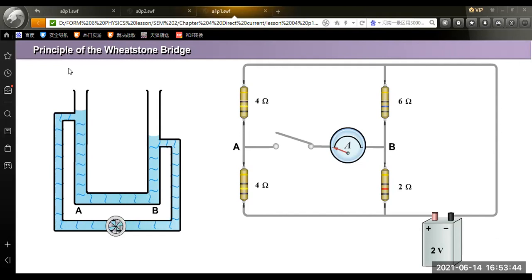The diagram at the left side shows the concept of the flow of current. Now the current flows. What happens once I connect the switch? We notice that the ammeter reading is maximum. This means that the current flows from point A to point B.